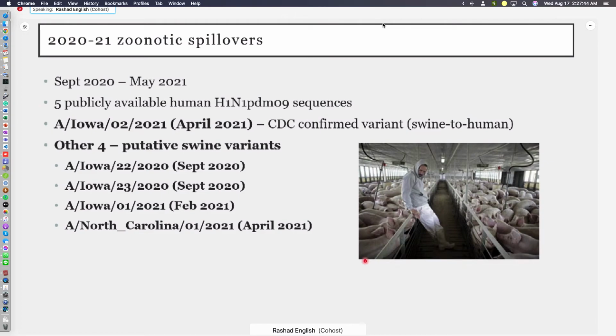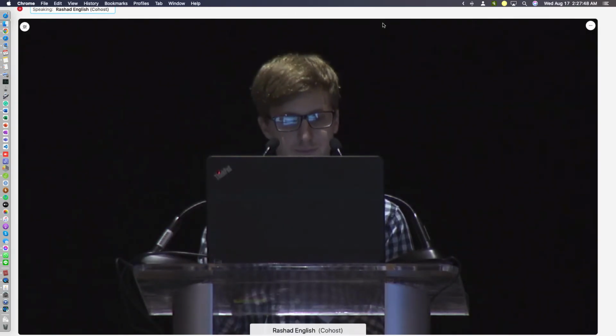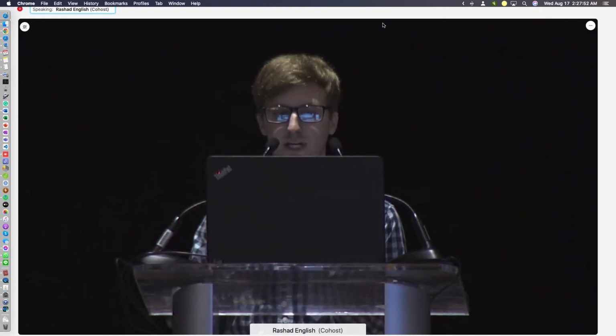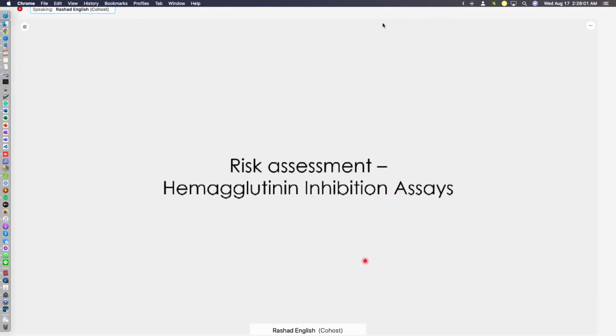So for all the available sequences in the season, we had evidence that they were swine to human transmission. And then there were 3 more cases in September 2021. So overall, there was an uptick in the number of spillovers of PDM19 from swine to humans. And on that note, we wanted to perform risk assessments.